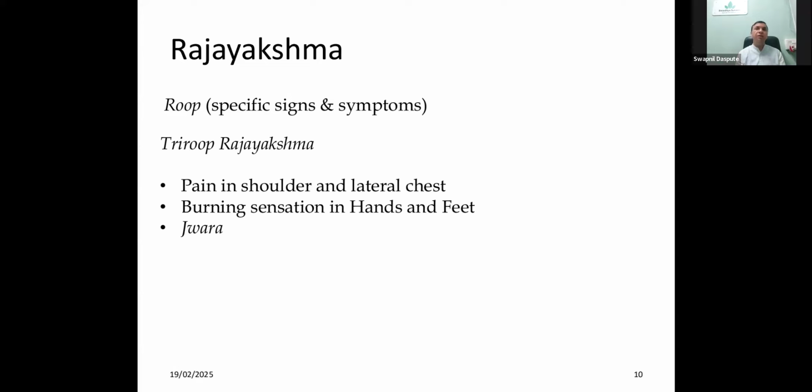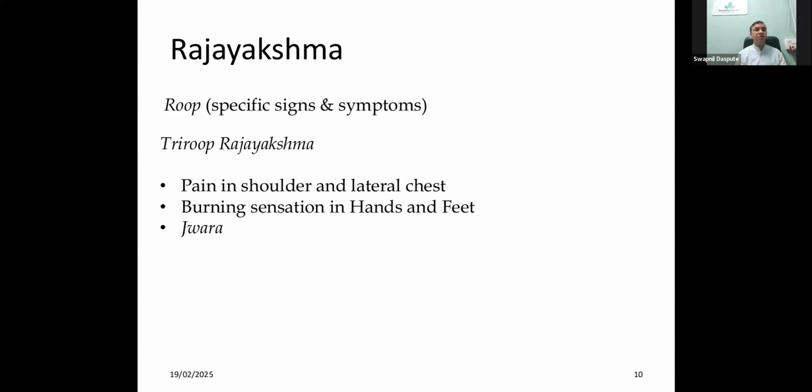Things which I'm telling you come majorly from the classical textbooks. Some part comes from my gurus and my mentors who have taught me, and some part which I have practically experienced through my practice.